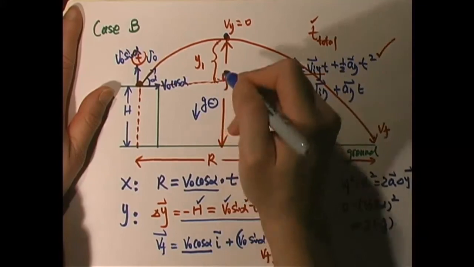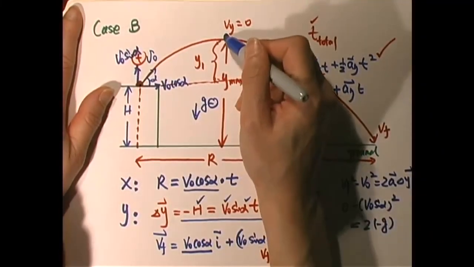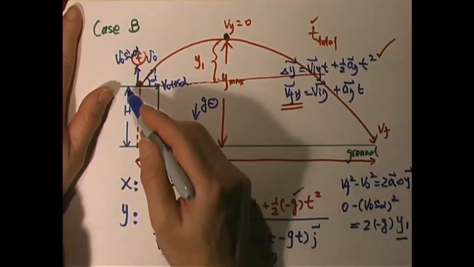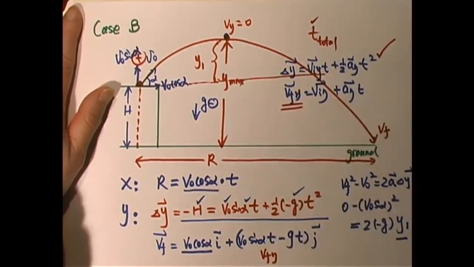Your delta y, since this is initial and this is final, that's y1. Negative, negative cancel. So y1 is V0 sine alpha squared divided by 2g. That gives you y1. y1 plus capital H gives you the maximum height.